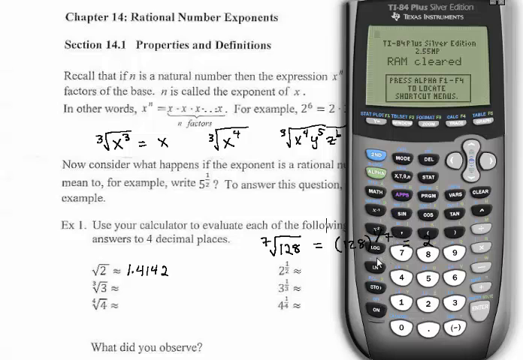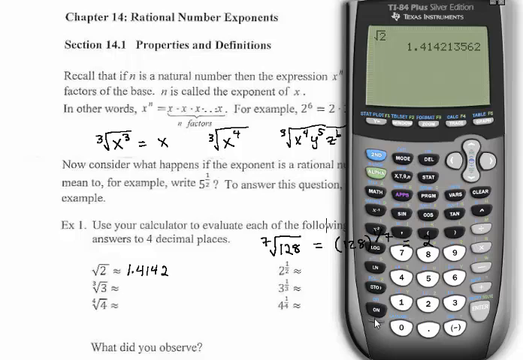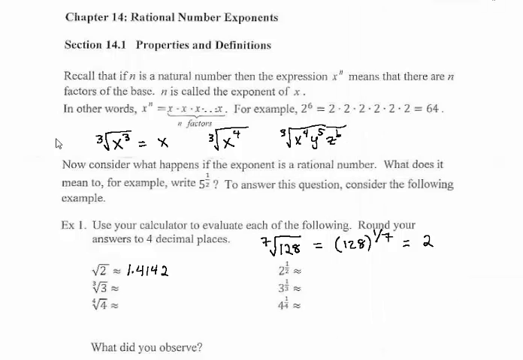So on one hand we have the square root of 2, enter, and on the other hand we have 2 raised to the 1/2 power. We get the same exact decimal number, approximately 1.4142. So we can write 1.4142 over here to 2 to the 1/2.